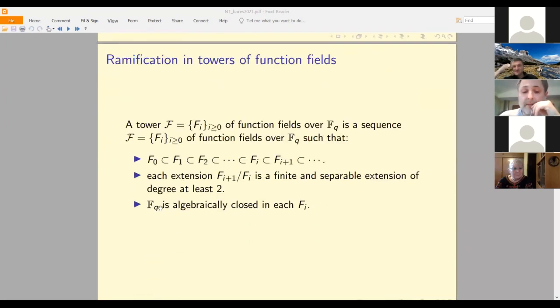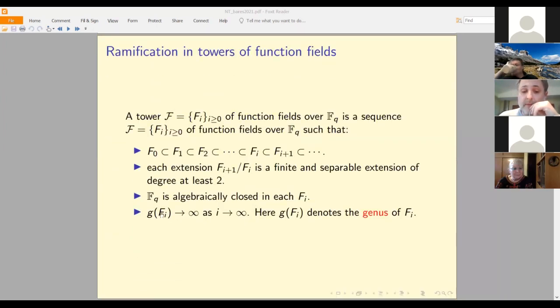And you ask that F_q is algebraically closed in each F_i, because each element in F_i algebraic over F_q, you don't want it to be something different from F_q. So every algebraic element in F_i has to be an element of F_q.